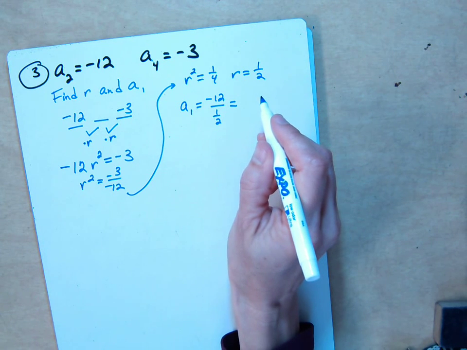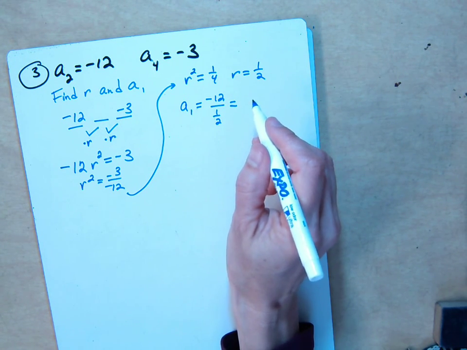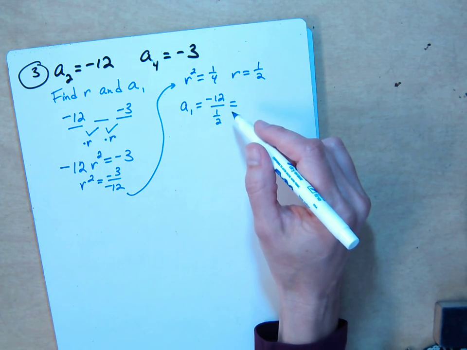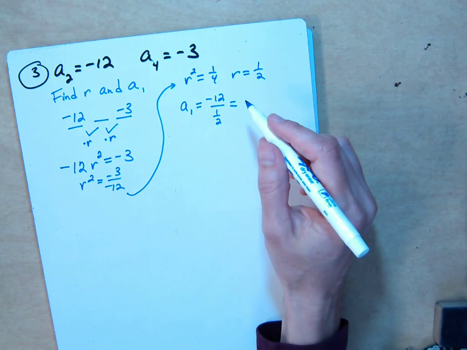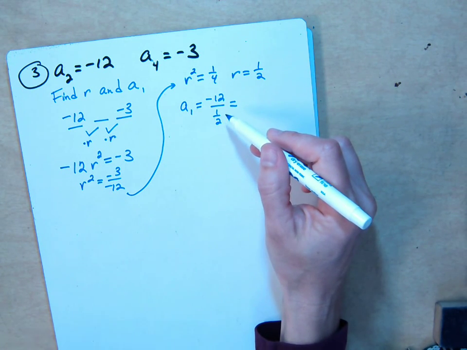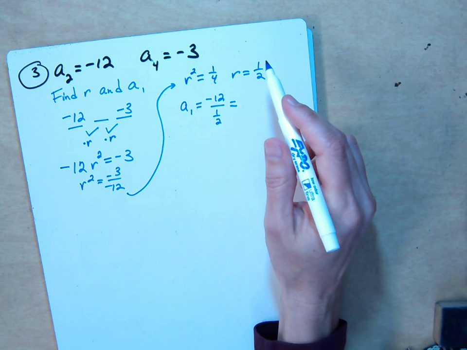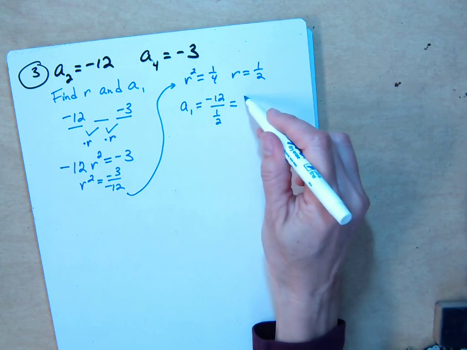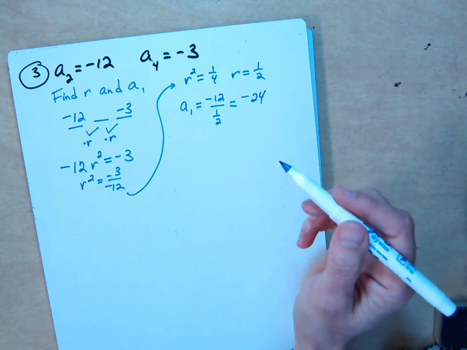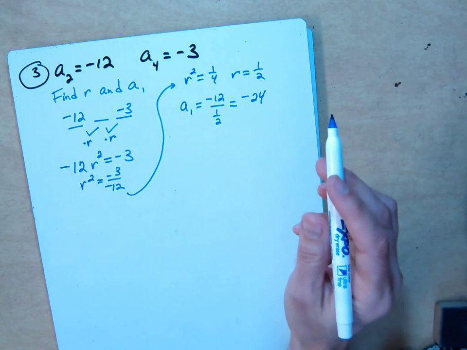You don't multiply by r, you would divide by it. And dividing by a fraction is the same as multiplying by the reciprocal. The reciprocal of a half is, flip it, 2, so negative 24. We don't need a calculator to divide by a half. It's the same as multiplying by 2.